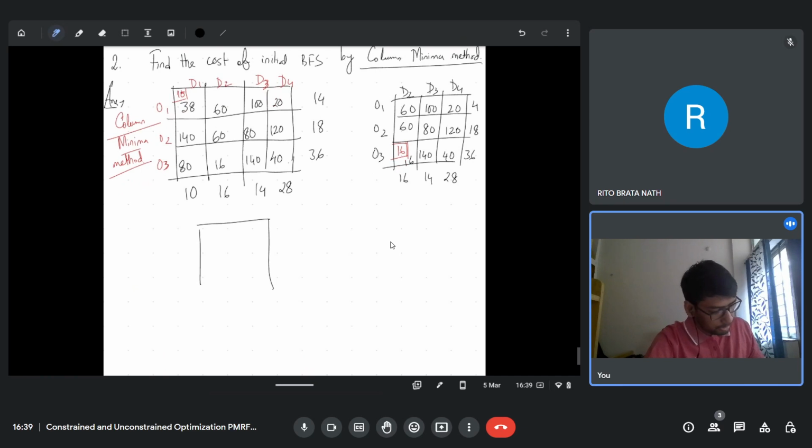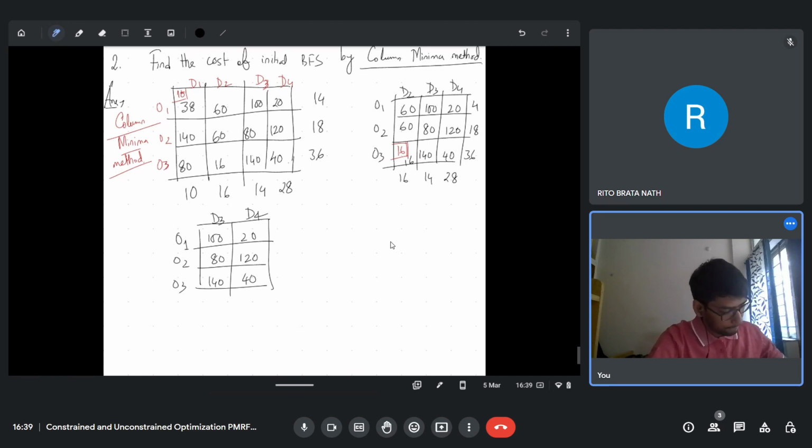So what you are left with is now two columns and three rows. This is D3, D4. This is O1, O2, O3. This is 100, 20, 80, 20, 120, 140, 40. So this is 14, 28. This is 4, 18, 20. Right.